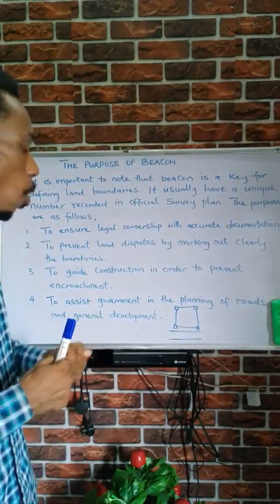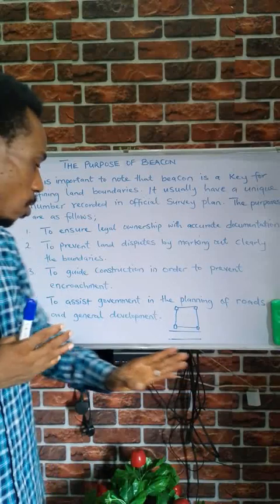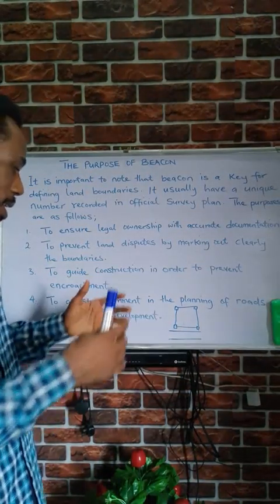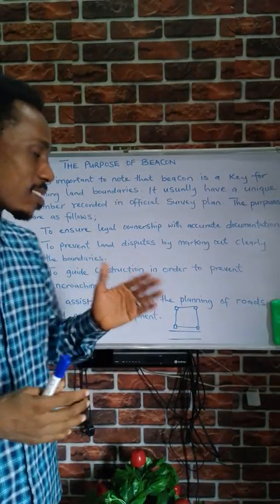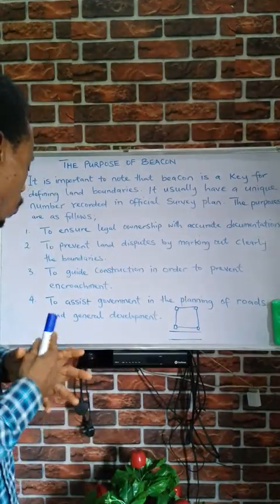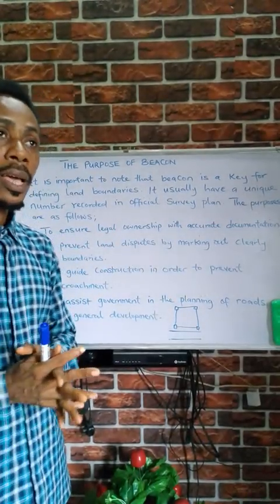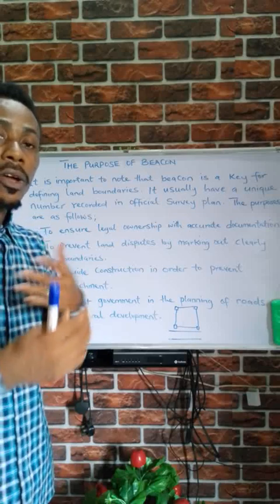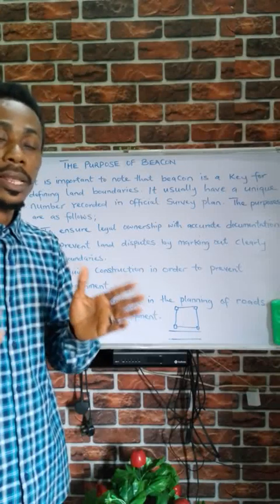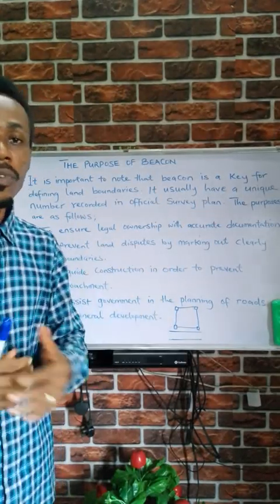You see that the beacon will help to give direction. All of this comes under assisting government in planning of roads and general development, because general development can also come in terms of provision of amenities.